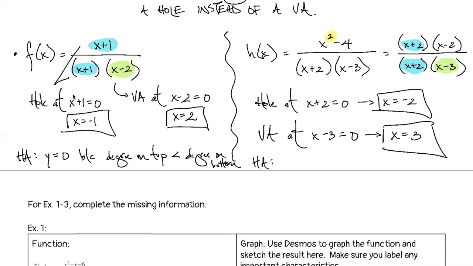All right, because I have a degree of 1 times 1. Those two will give me an x squared on the bottom. So yeah, the degrees are the same. And our leading coefficients, when we divide them, are just going to be 1. Okay?